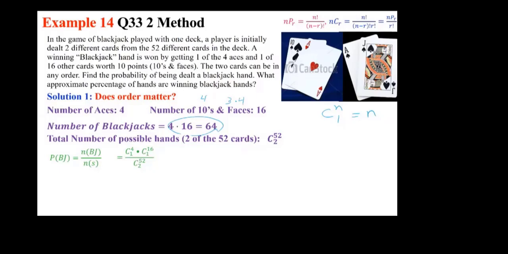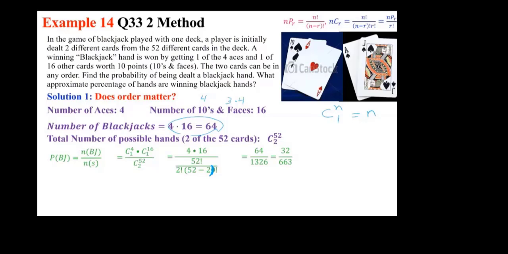The denominator is 52 factorial over 2 factorial times 52 minus 2 factorial, and that really becomes 50 factorial in essence. Simplification and putting it into a calculator gives us 64 over 1326 or 32 over 663.